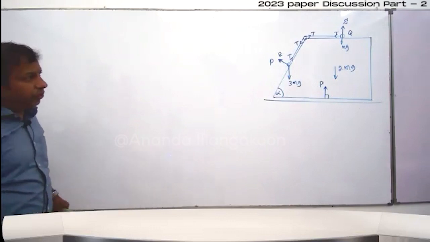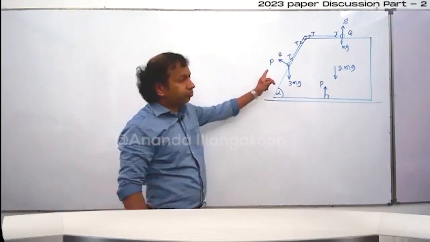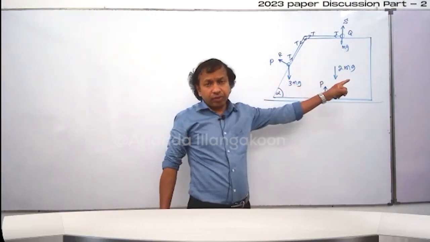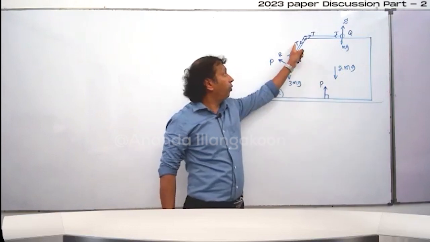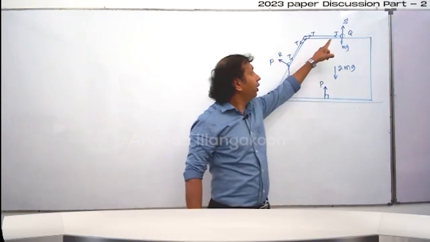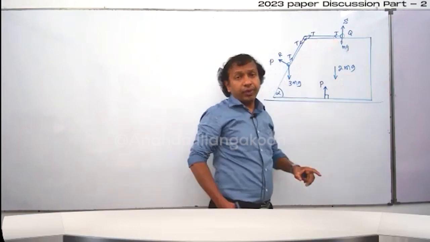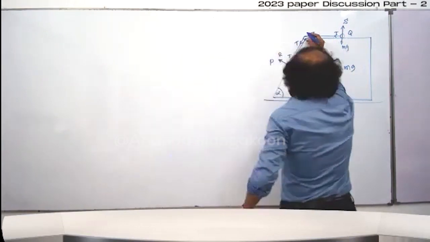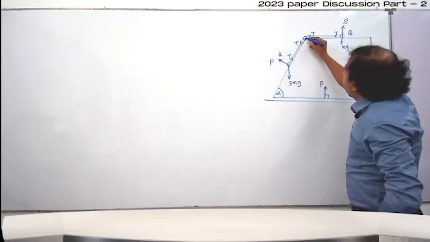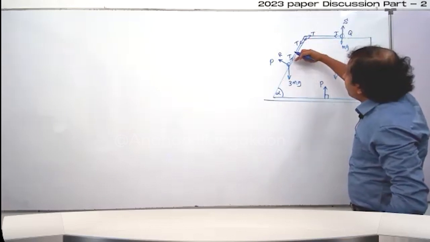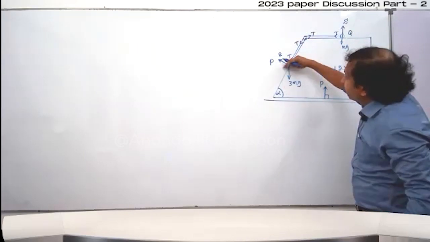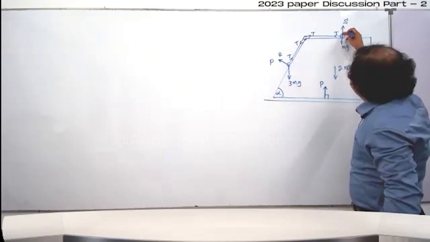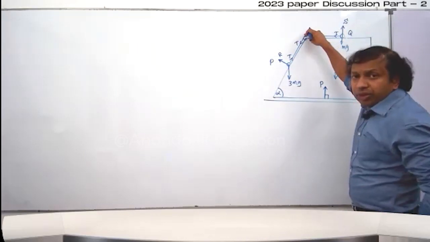What happens now, when the system is released, is that the wedge moves rightward, this particle P moves downward on this plane, and Q moves this way. If there were a fly standing on this pulley, once this moves, P moves downward on this plane with a particular acceleration, and with the same acceleration Q comes towards it.